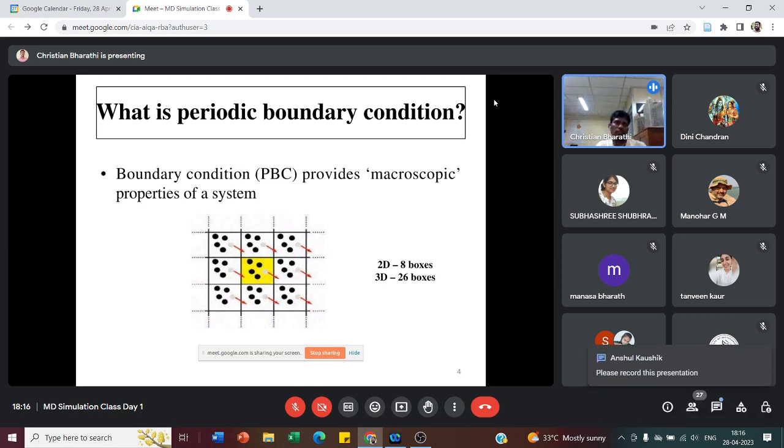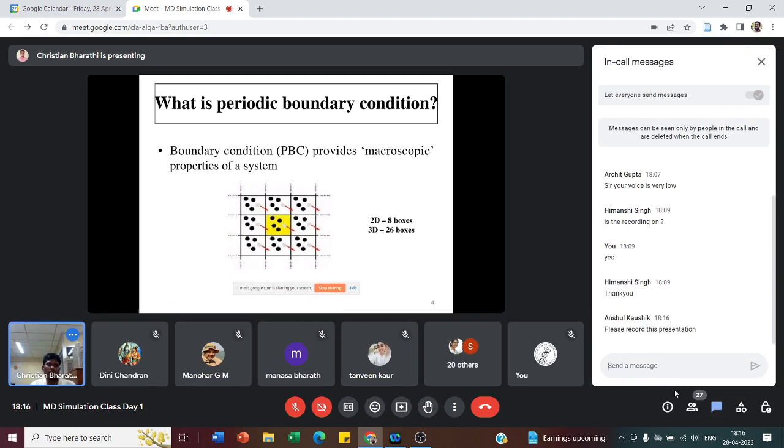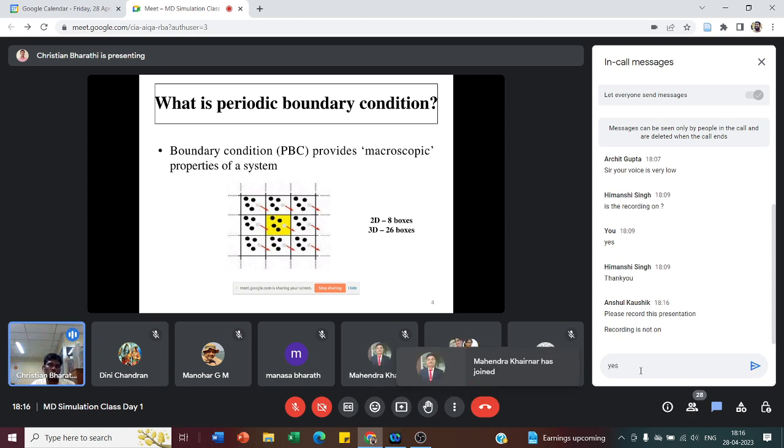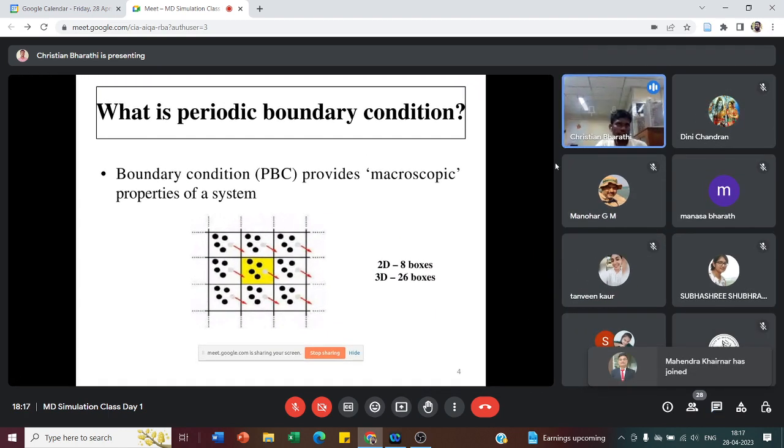So in dynamics we have to have the same condition. For that, the periodic boundary condition tries to repeat the same kind of box in 3 dimensions.